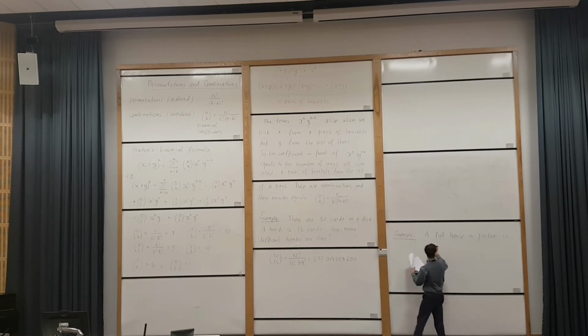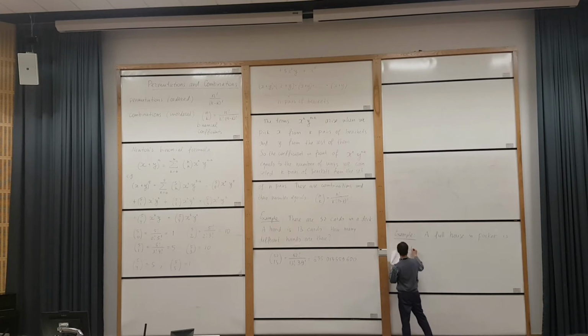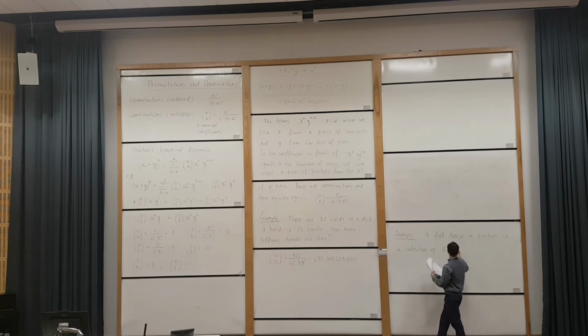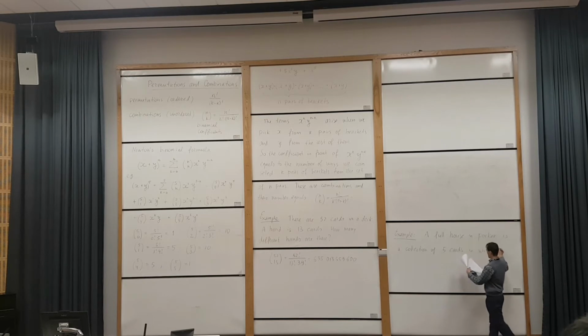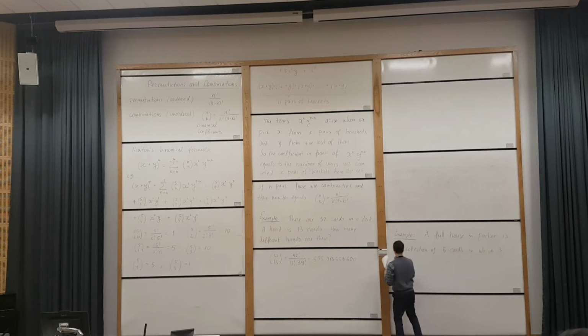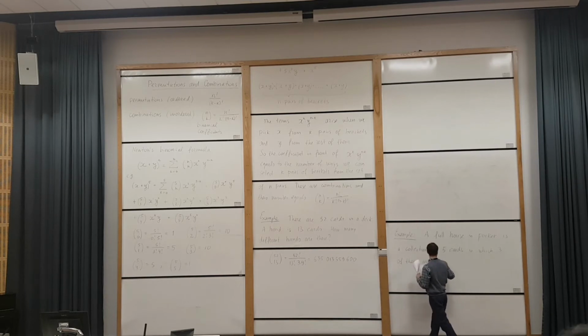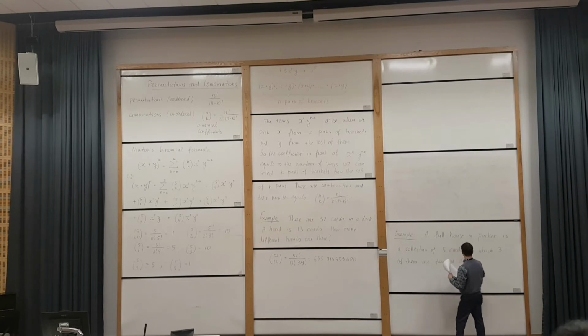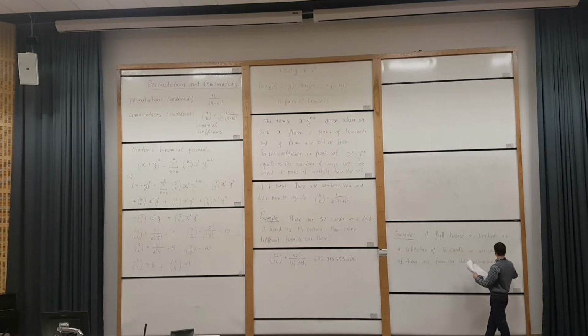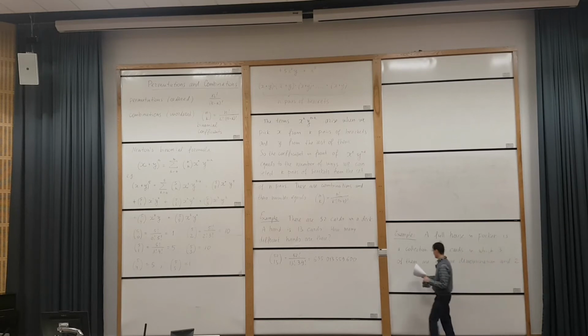Okay, so let me write this down. A full house is a collection of 5 cards in which 3 of them are from one denomination and 2 from another.